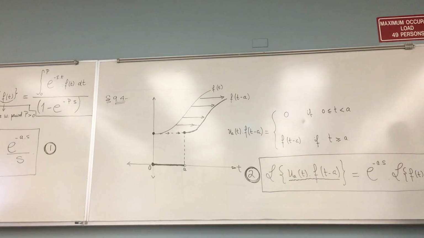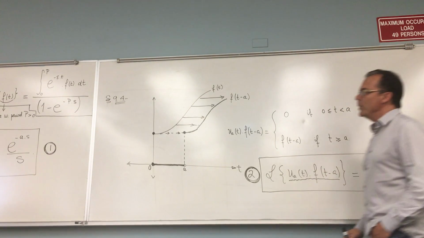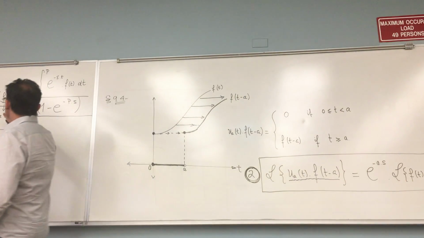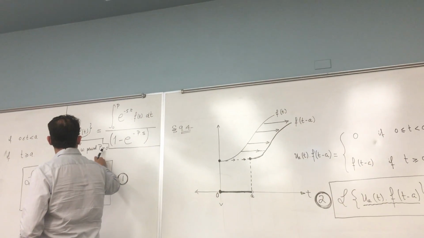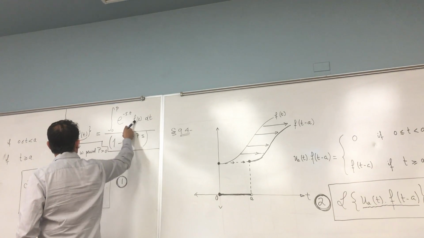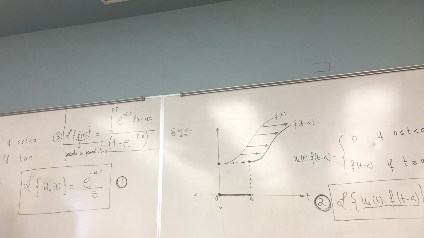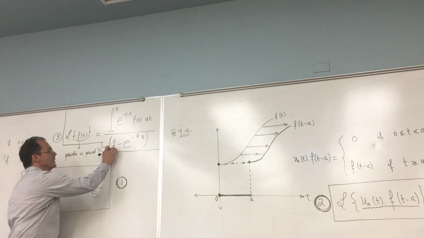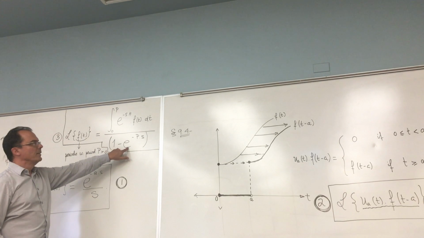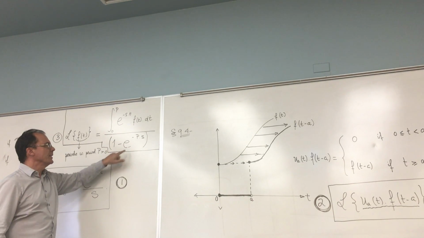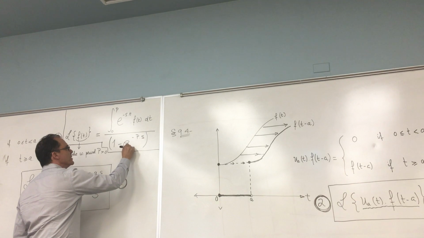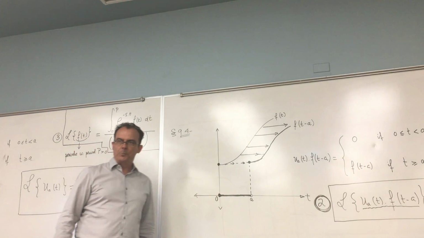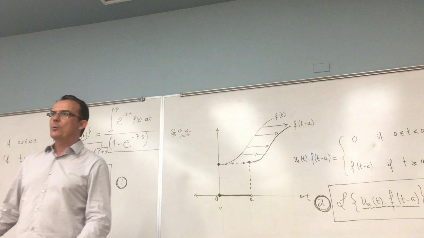And number 3, to compute the Laplace transform of any periodic function with positive period, you get a ratio. The top of the ratio is a definite integral from 0 to P, and in the denominator you get 1 minus e to the negative P times s. Any questions?